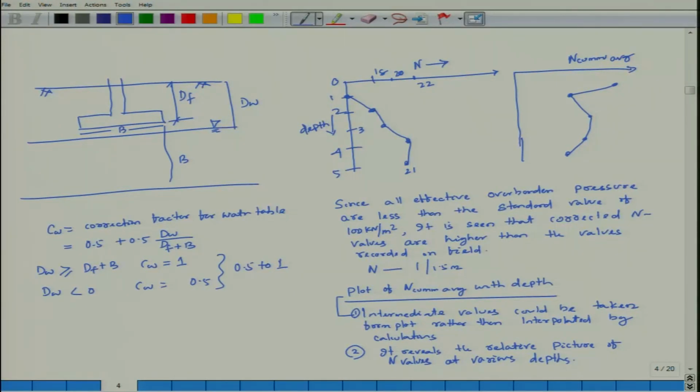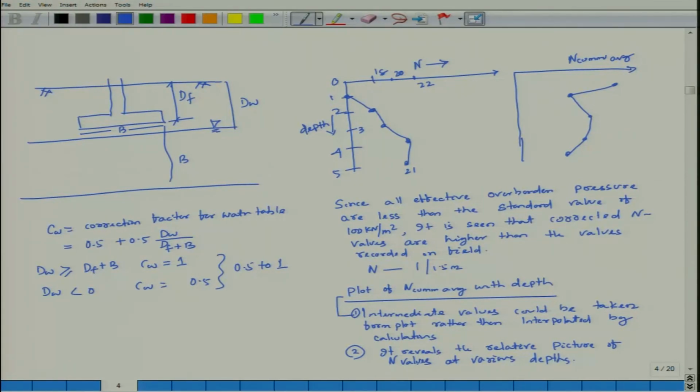What will happen if somebody wants to find values between 1 to 2, where 1 is 0 and 2 is 18, or between 2 to 3, where 2 is 18 and 3 is 20? In this case you have to interpolate depth wise, which is not true. While taking the N cumulative average, intermediate values can be taken very easily because it is a cumulative average rather than interpolation.